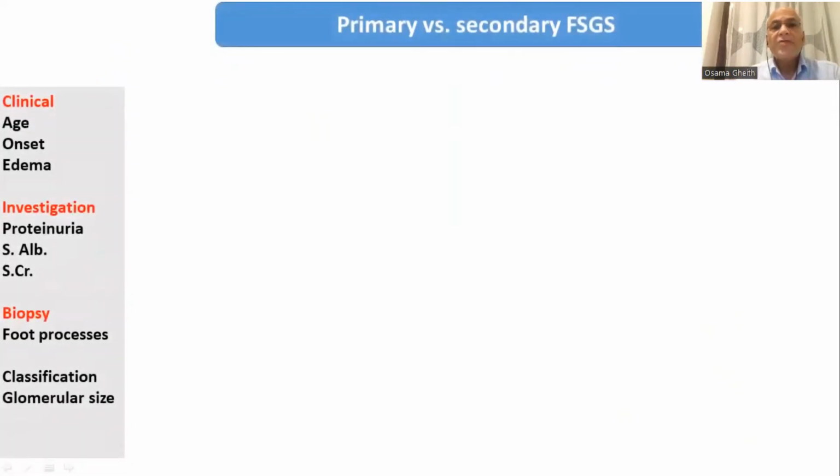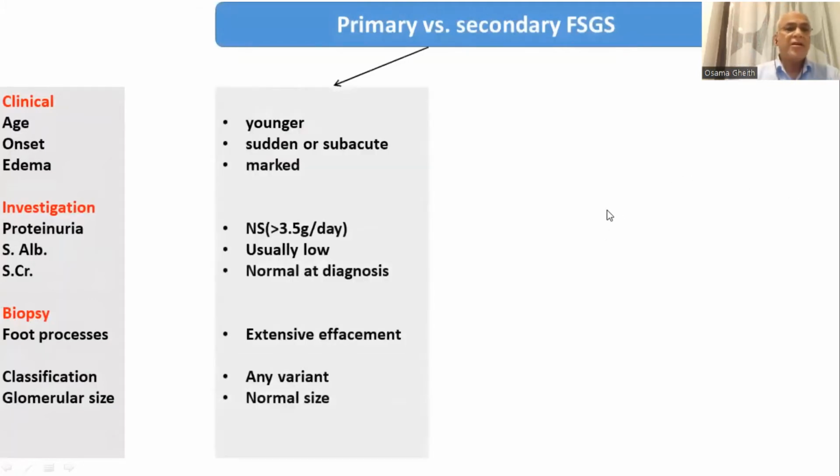How can we differentiate primary versus secondary FSGS? Clinically, the primary form usually occurs in younger patients with sudden or acute onset of edema, nephrotic range proteinuria, hypoalbuminemia, and normal creatinine, with extensive effacement of the foot processes, and the glomerular size is usually normal.